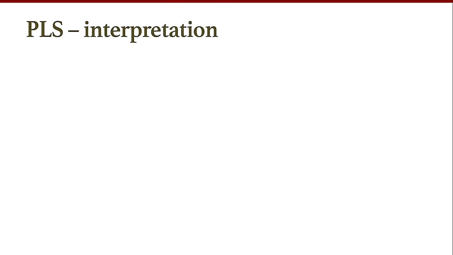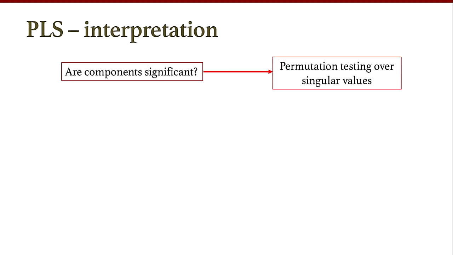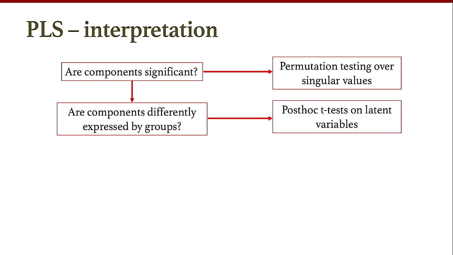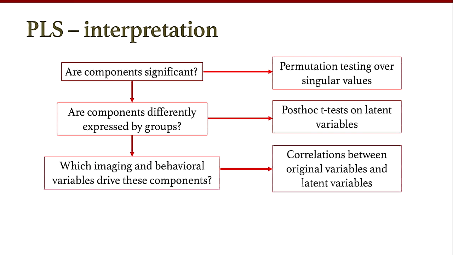Now for the interpretation. So you computed your PLS, and the first question you're going to ask yourself is, are the components that are found significant? To know this, you'll do permutation testing over the singular values. Then, if you have different subject groups in your data set, you want to know whether the components that you got are differently expressed by groups. For this, you can simply compute t-tests on the latent variables between different groups.